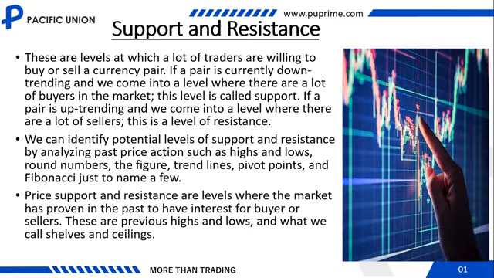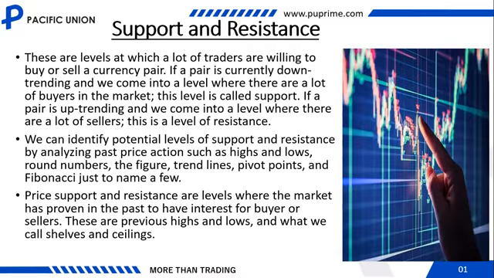If a pair is currently on a downtrend, for instance, and it comes to a level where there are a lot of sellers, it's the support and resistance that you've plotted out that will reveal that to you. So as a trader, you'll be looking for confirmations to sell, right? That is part of what this does for you.